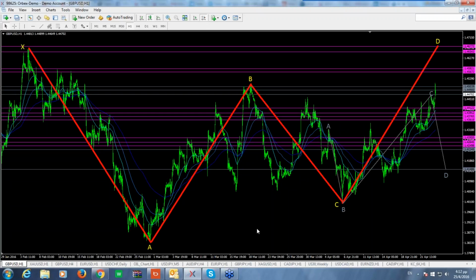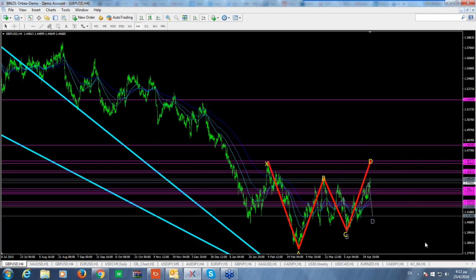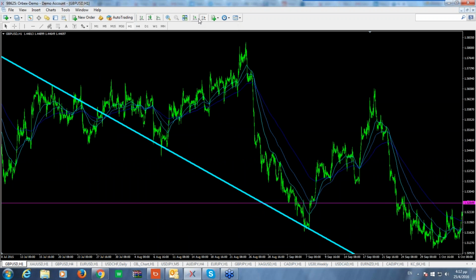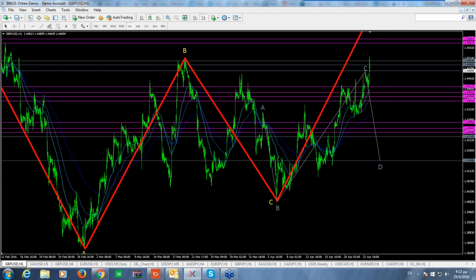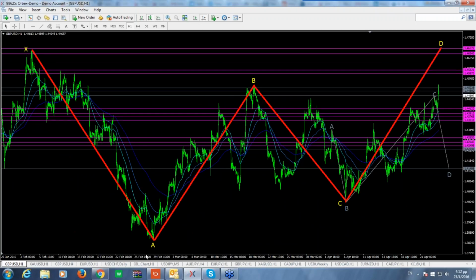We're just looking at the 1 hour chart, and this is the sort of pattern. If I go onto my 4 hour chart, that's how the pattern looks there. But notice that I have got two patterns here. The big one is the XAB. Meanwhile, waiting, you guys could take a look at the pattern here for the pound versus the dollar on the 1 hour chart.